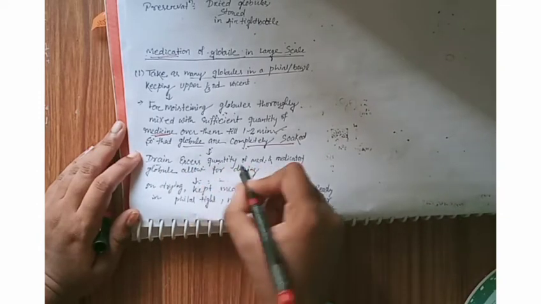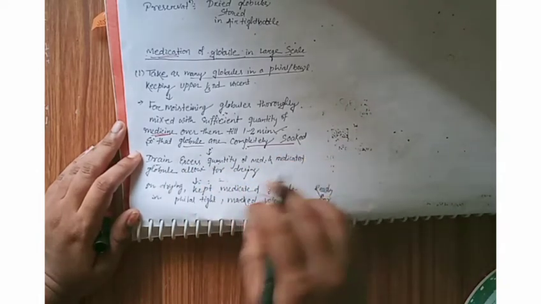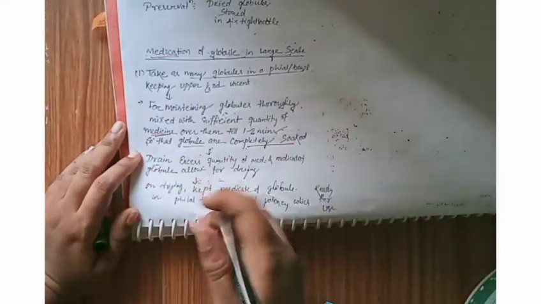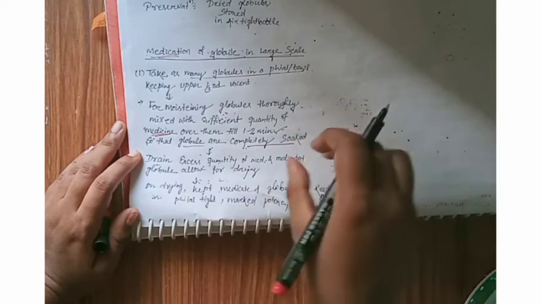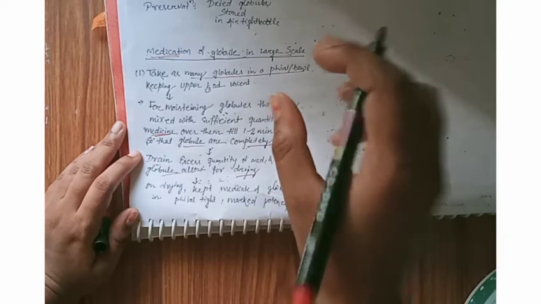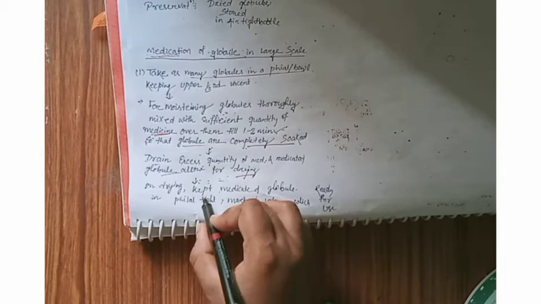Then drain the excess medicine that is not soaked, and allow the globules to dry on a filter paper or any soaked paper. Then after drying, the medicated globules will be packed in a phial, the bottle, then mark the potency of the medicine mixed, so that it is ready for use.